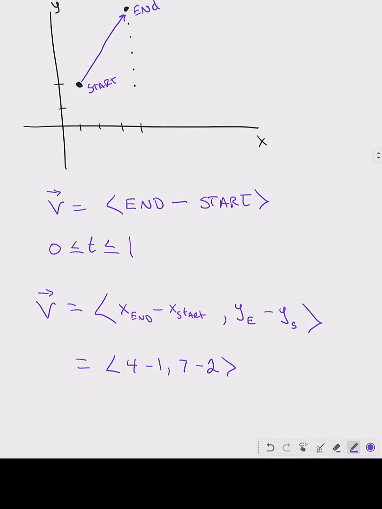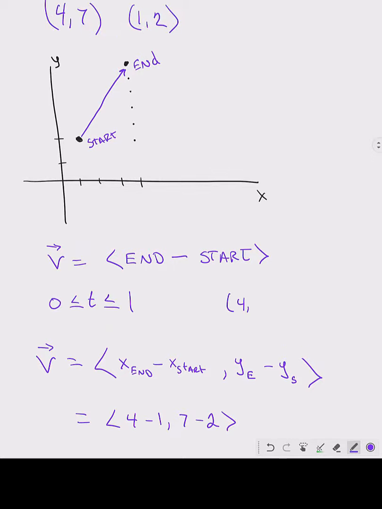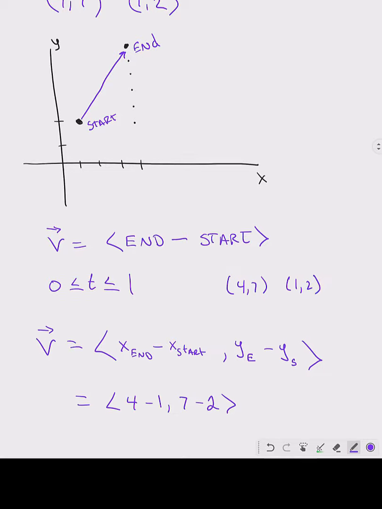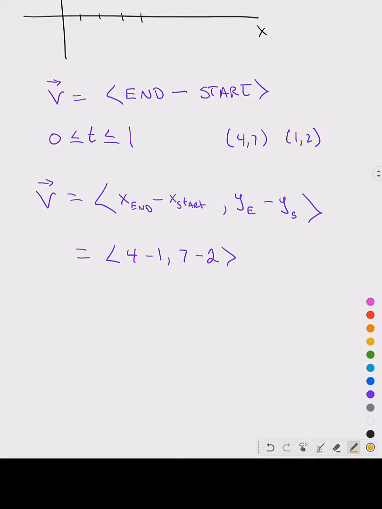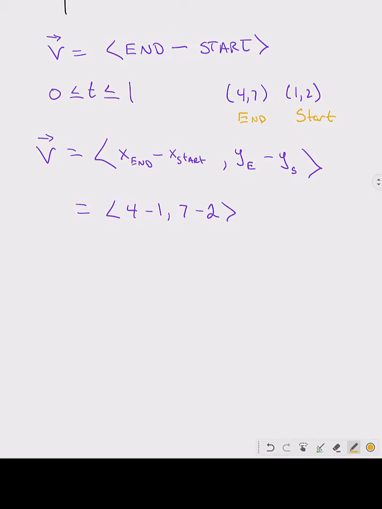Because once again, remember, our 2 points were (4, 7) and (1, 2), and we're going to start at (1, 2) and end at (4, 7). That's the way we've decided. And so now I have 3, comma, 5. So my v vector is <3, 5>.